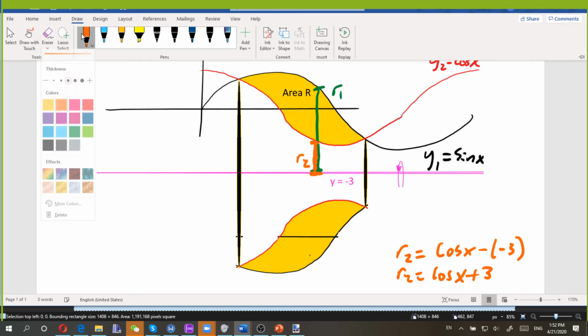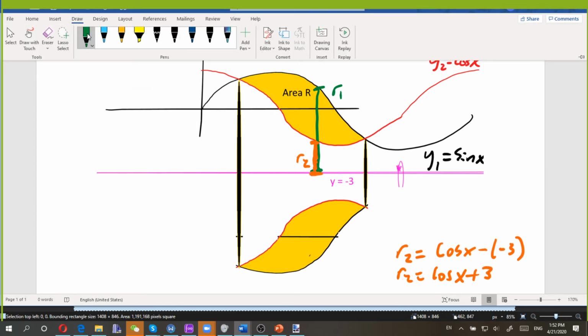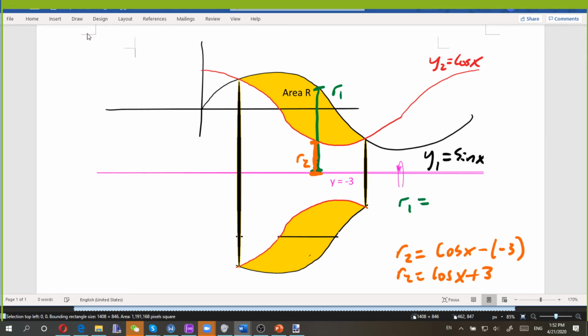My R1 would be my difference in my y values of this black function and the pink function, which would be y1, sine x, minus our axis of rotation at -3. So sine x minus -3. R1 would be sine x plus 3. Okay, is everyone okay with the radii that we picked so far?